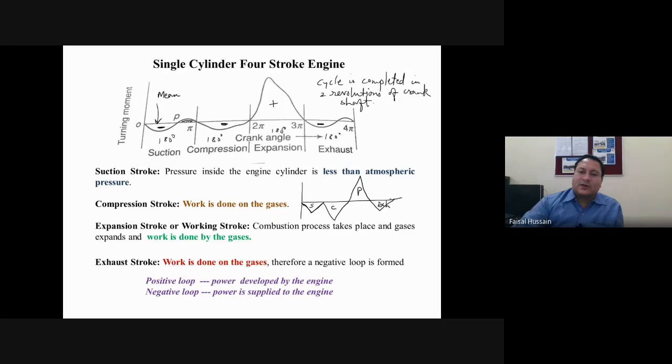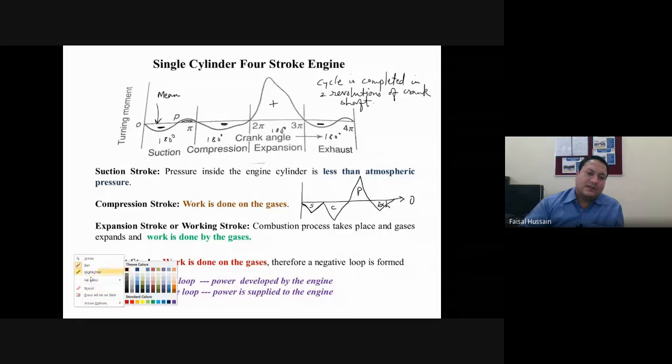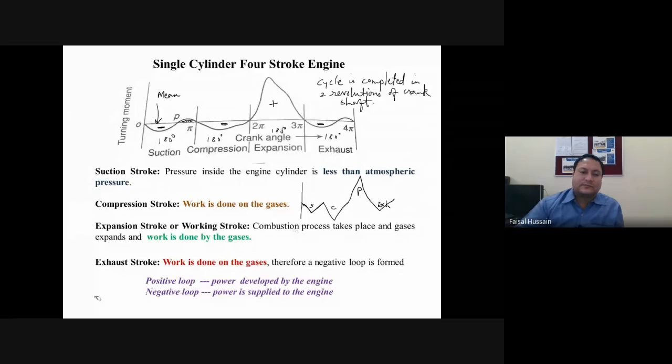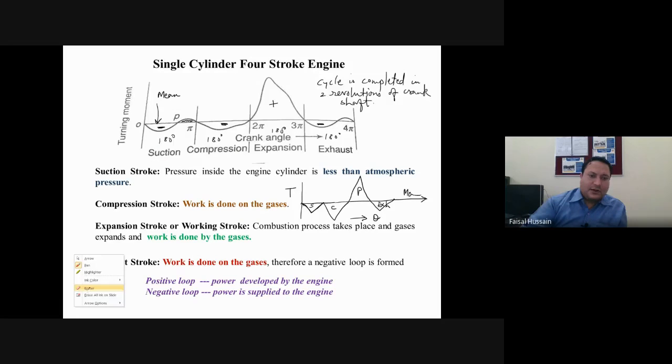Okay, so while solving the numericals, we assume this condition like this. This is your torque, this is your crank angle, and this is your mean torque. Not mean torque line, mean torque. Okay, this will be your mean torque line like this.